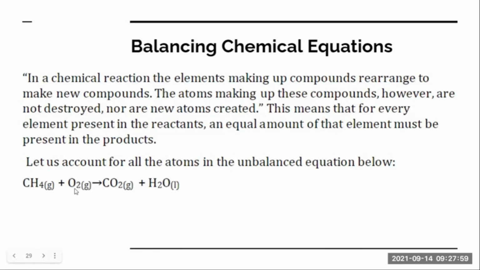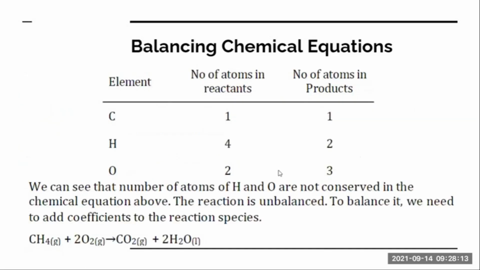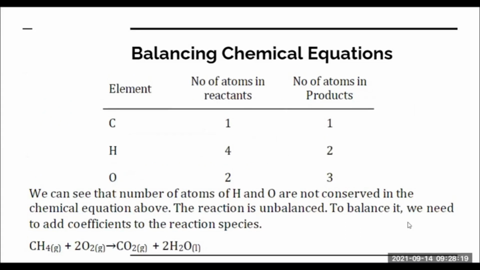On oxygen, we have 2 oxygen on the left and 3 oxygen on the right. So this is not equal. For a chemical equation to be balanced, the number of elements on both sides should always be equal. Okay? So this is the counting earlier. We can see that the number of atoms of hydrogen and oxygen are not conserved in the chemical equation above.